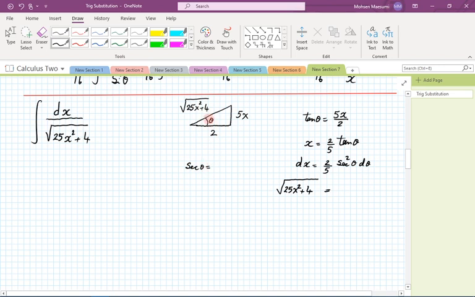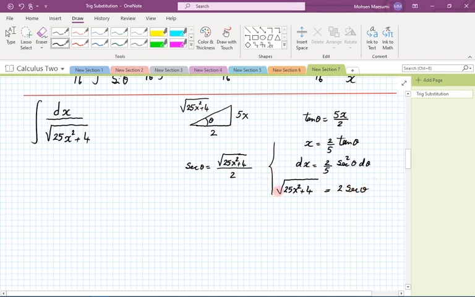Who's secant? Ratio of hypotenuse to the adjacent side. So secant of theta is the radical of 25x squared plus 4, that's the hypotenuse, divided by the side that is 2. So this radical would be 2 times secant of theta.